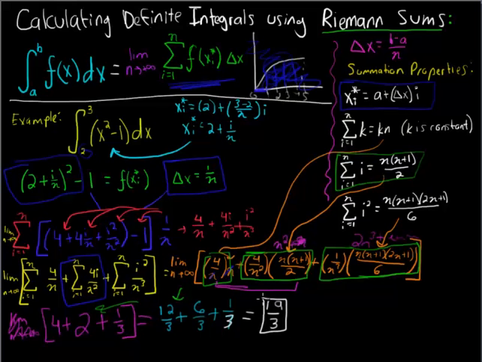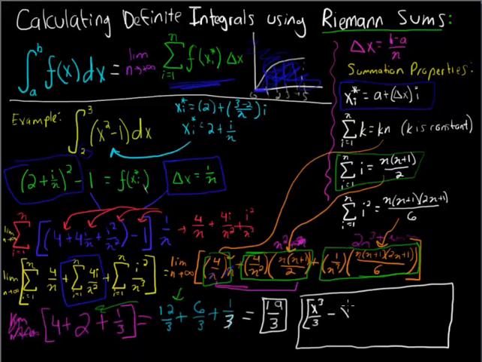And if you want to check this out, if you do the antiderivative of x squared minus 1, you'll also get 19/3, hopefully. So you'll get x squared, the antiderivative of that is just x cubed over 3, plus or minus the antiderivative of -1, which is just negative x, all from 2 to 3.